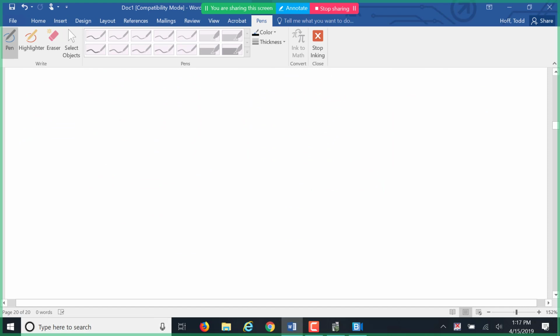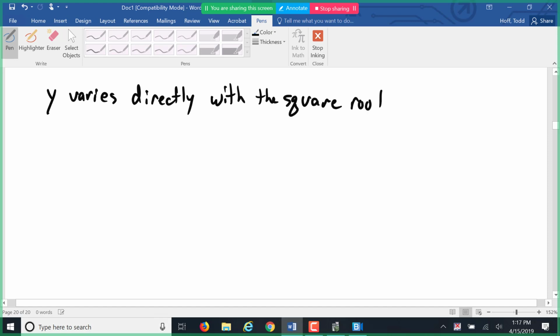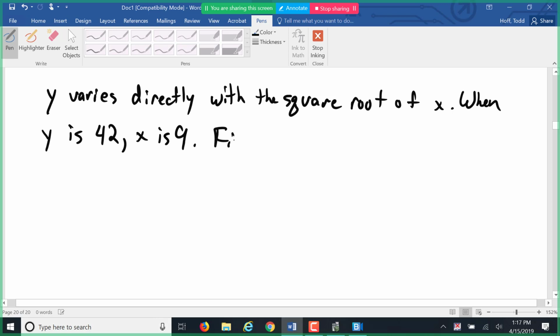Now, it doesn't always stay quite that simple. You might have y varies directly with the square root of x. When y is 42, x is 9, find y when x is 4.